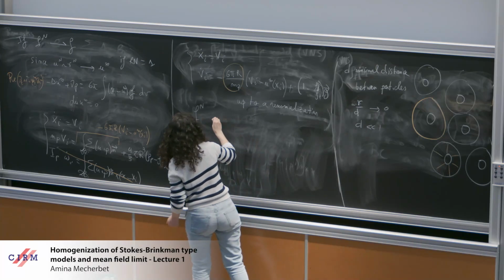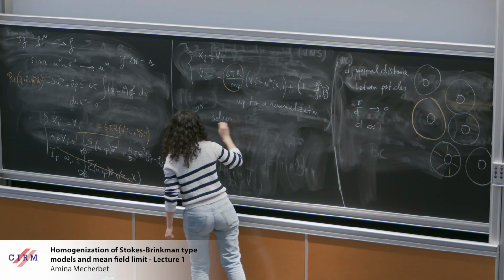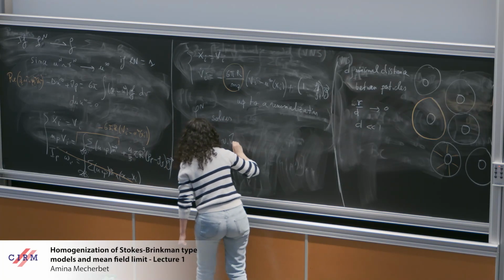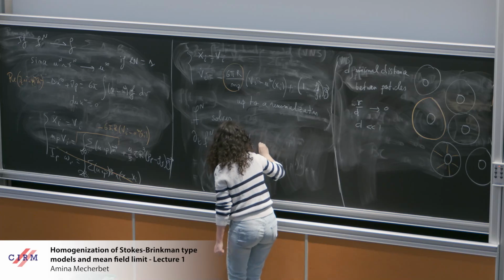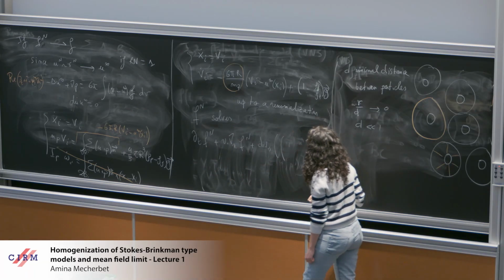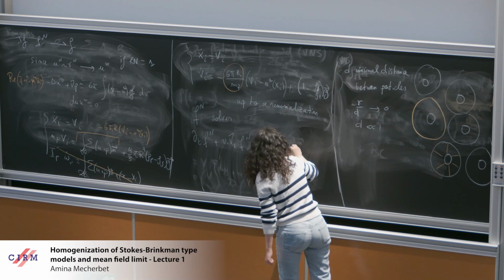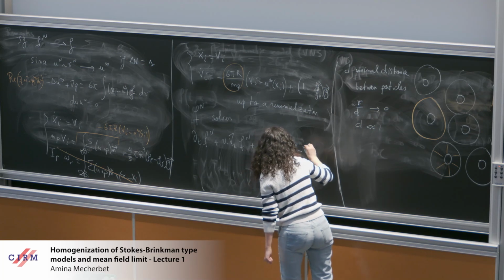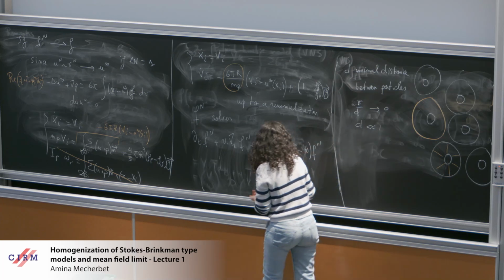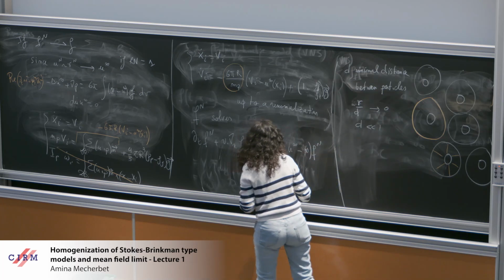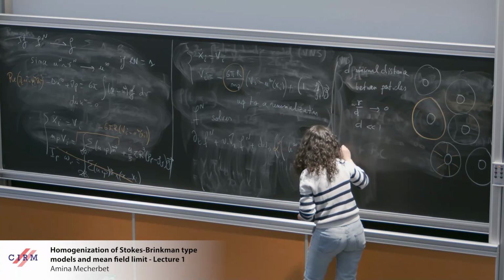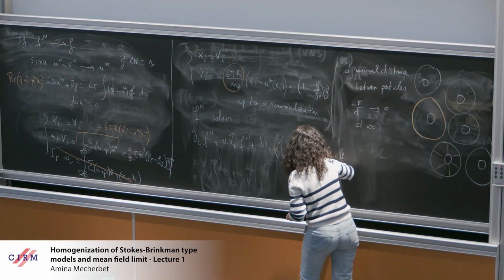But so Fn solves something like ∂t Fn plus v·∇x Fn plus divergence in v of, and then you get, (u∞ minus v) with some constant, plus the gravitational effect.